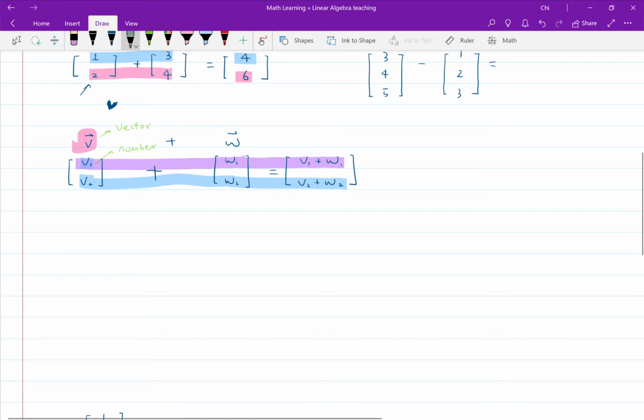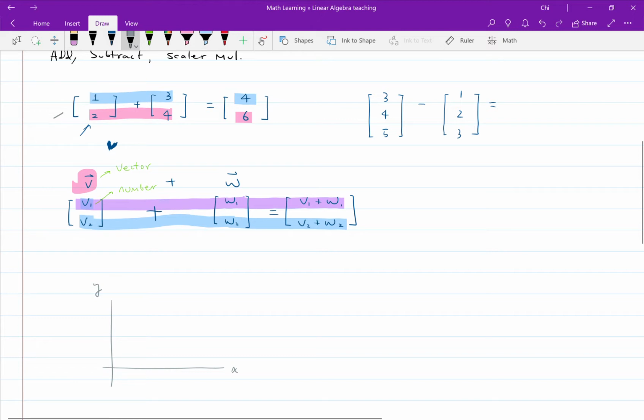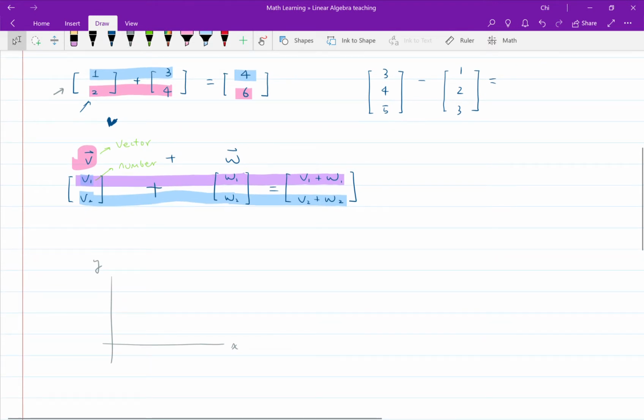So in two-dimensional space, of course, still the xy plane, let's just use our example here, the vector 1, 2 plus 3, 4. First, let's draw the vector 1, 2. On the x-axis you have 1, on y you have 1, 2, and that's the endpoint.